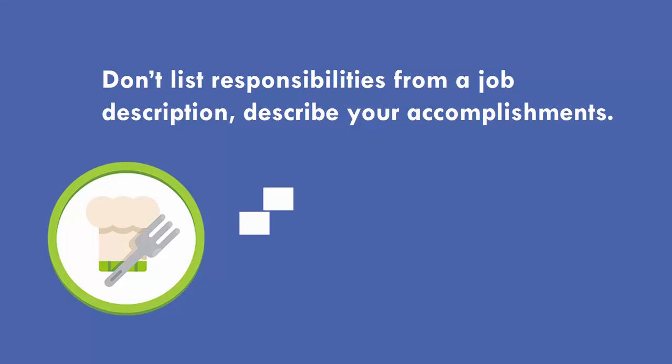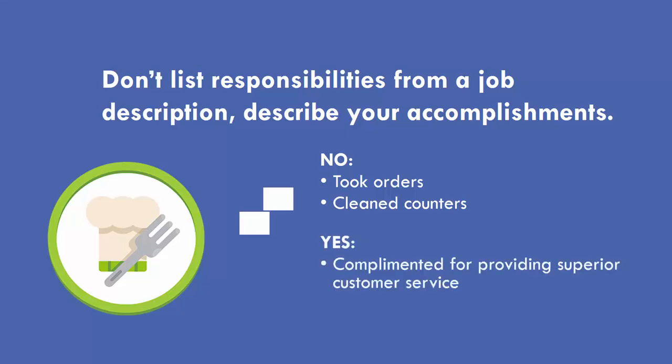You don't want to write bullet points that say, took orders and clean counters. That's not really relevant to an office setting. Instead, you could write complimented for providing superior customer service. That's the same thing as taking orders, but it shows a transferable skill that employers would be interested in.